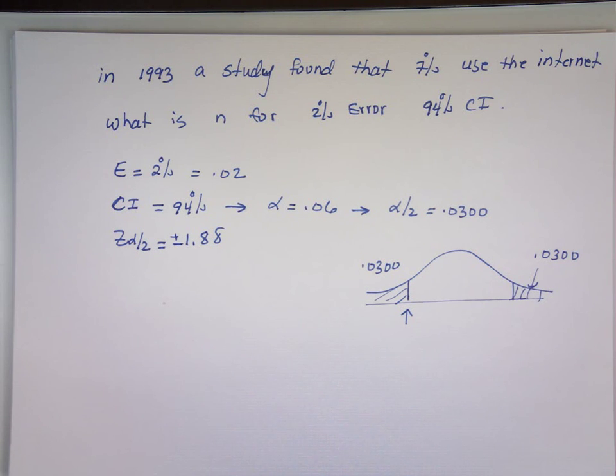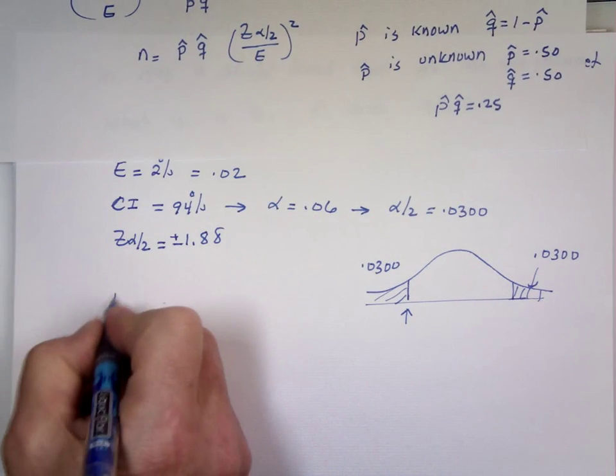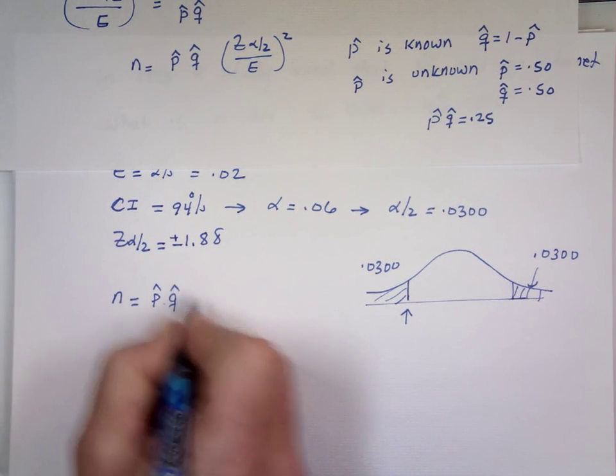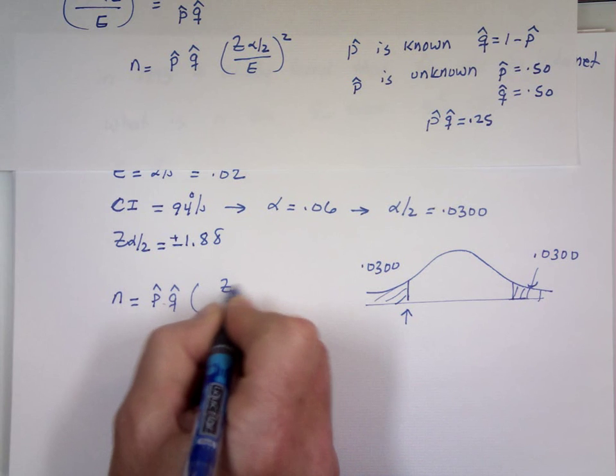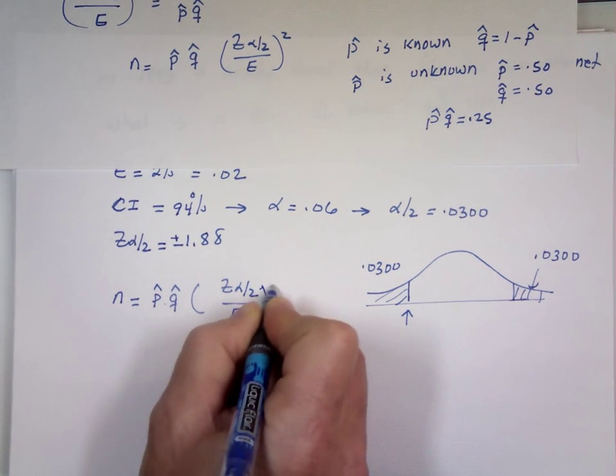I just derived the equation for the sample size. Sample size should be p hat, q hat, Z alpha over 2 divided by the error, squared.